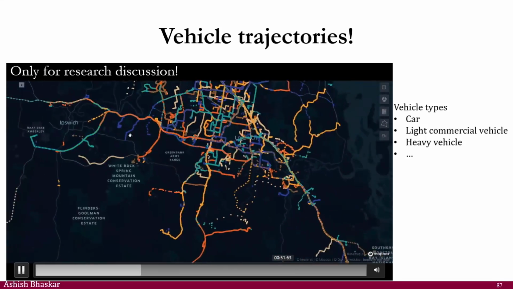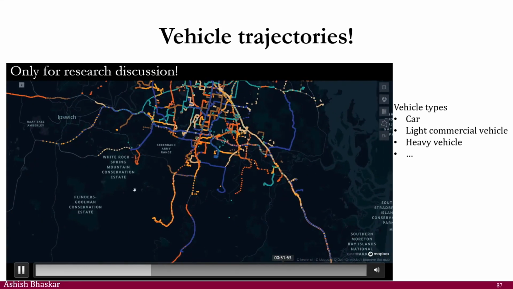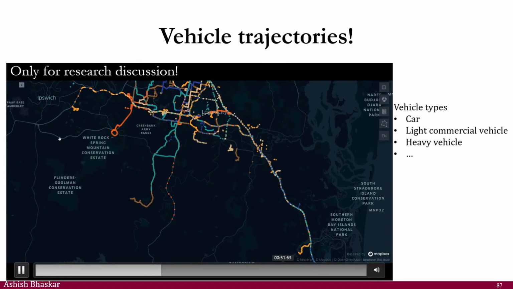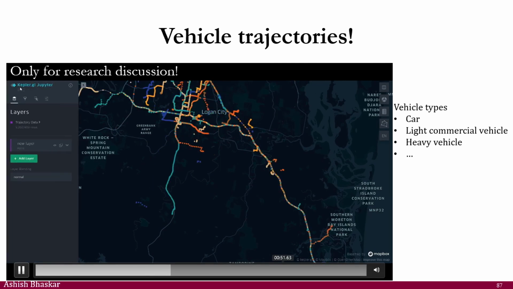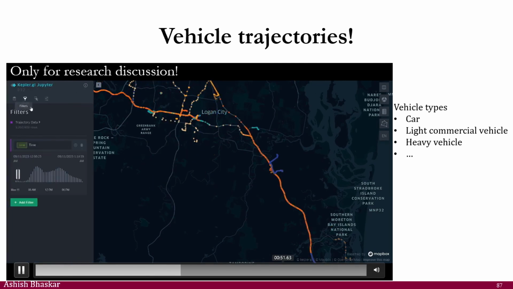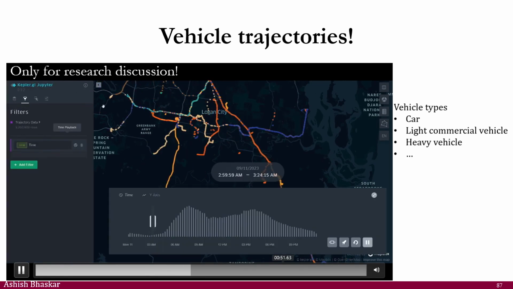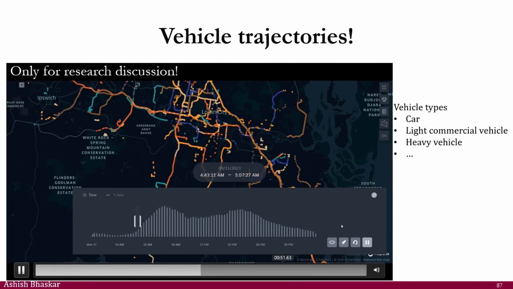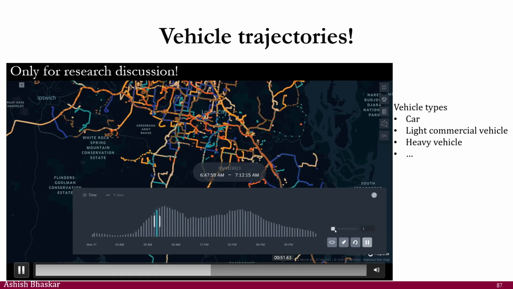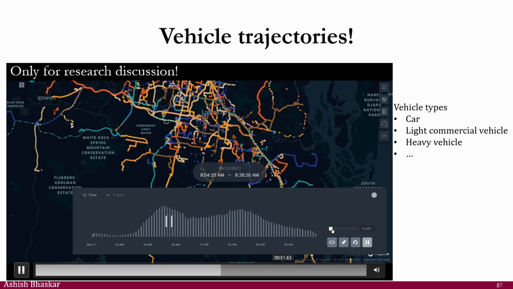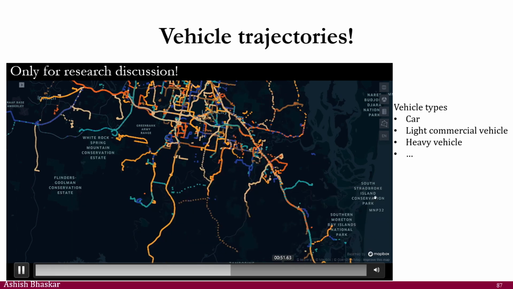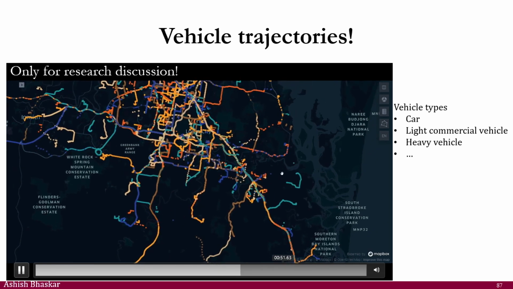For example, if the aggregator is only buying the data from BMWs, what will happen? If an aggregator, say a new aggregator in India, is able to get the data only from high-end cars, what's going to happen?